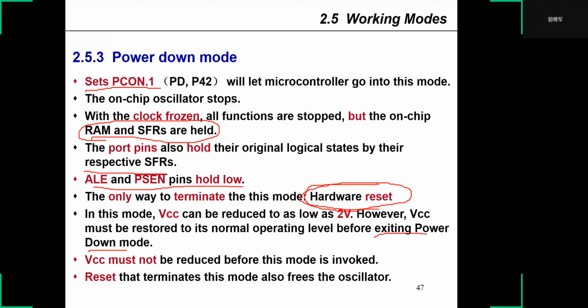VCC must not be reduced before this mode is invoked. The reset that terminates this mode also frees the oscillator.